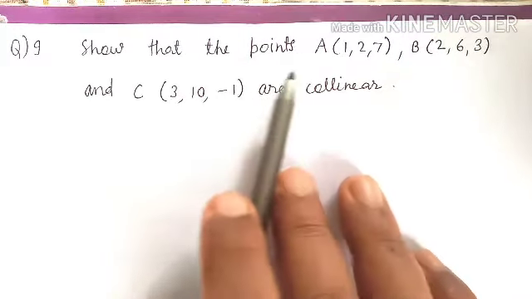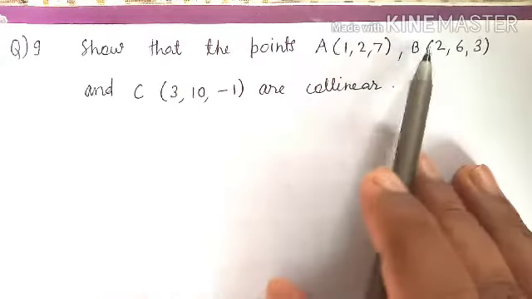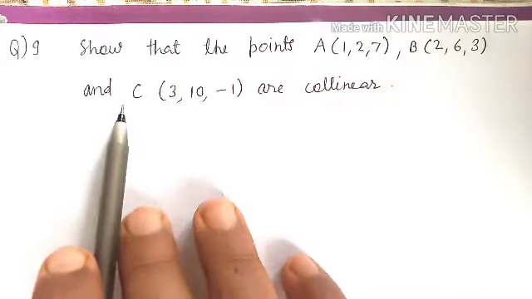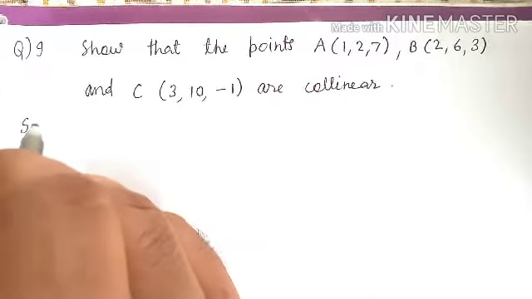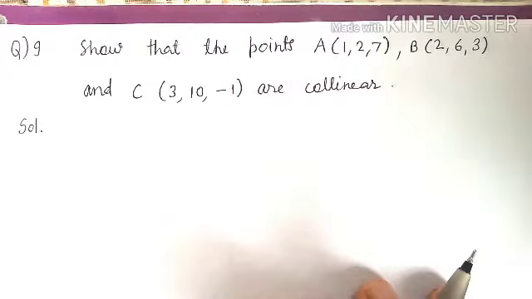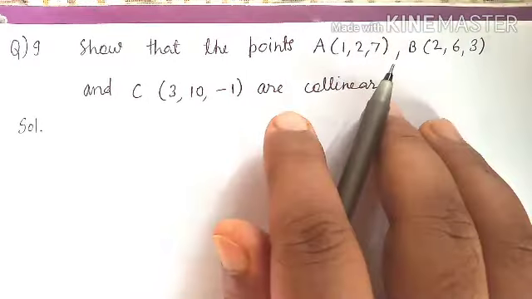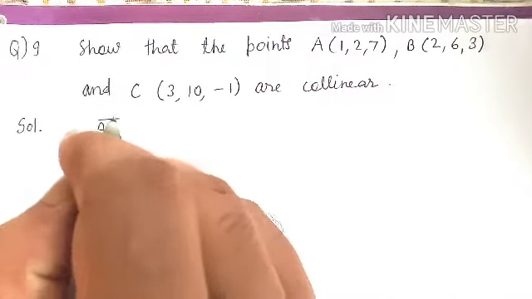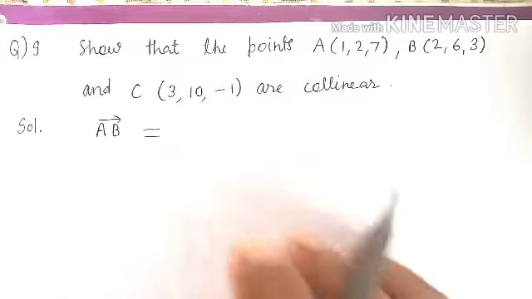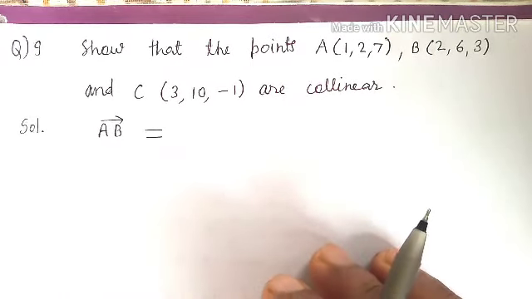Show that the points A (1, 2, 7), B (2, 6, 3) and C (3, 10, minus 1) are collinear. Solution. We find vector AB and vector BC. Then after that we have two ways to show the points are collinear.